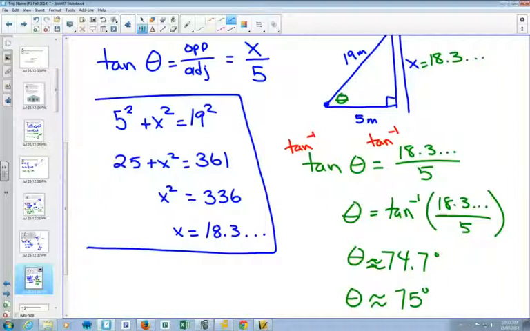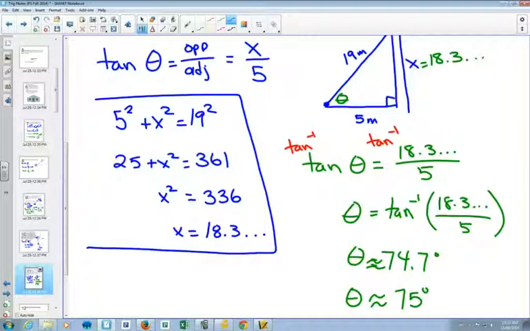Mathematicians could do everything with tangent, but then we'd have to use a squared plus b squared along the way to find the opposite side or the adjacent side. Wouldn't it be nicer if we had ratios that used, in this case, the adjacent and the hypotenuse? Because then I could just do it in one step. The adjacent and hypotenuse ratio is going to be cos.